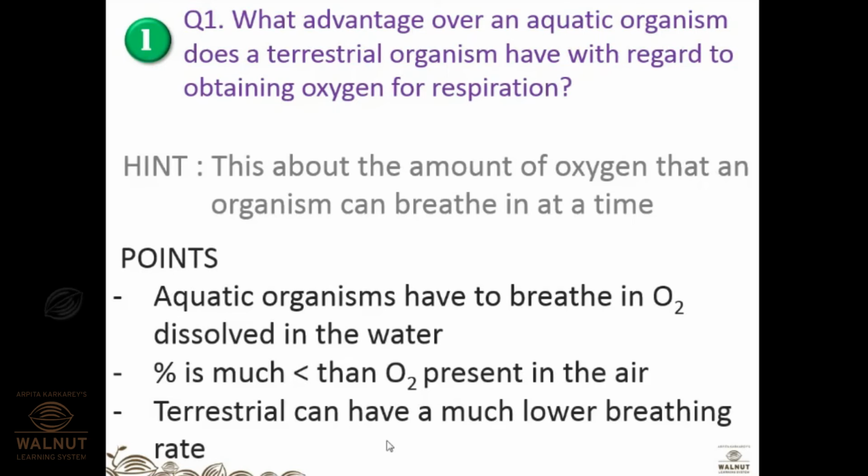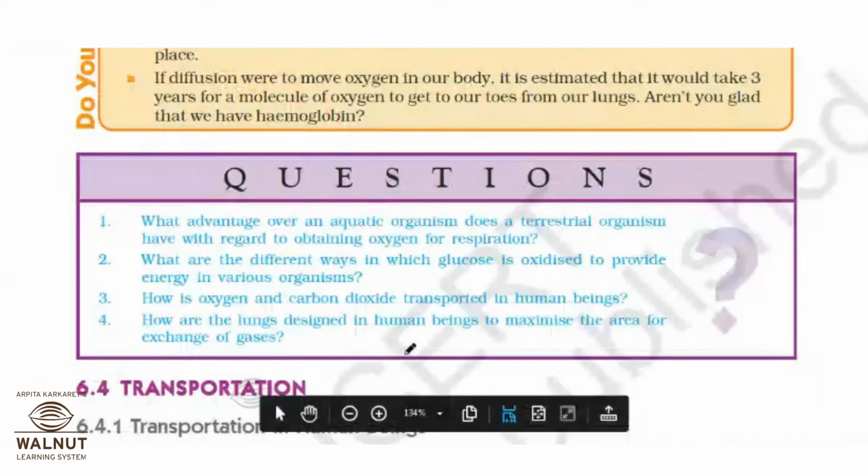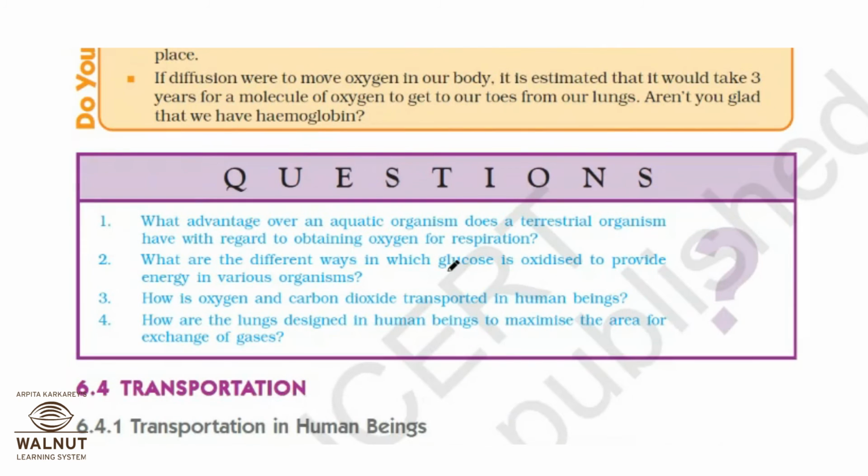Next question: what are the different ways in which glucose is oxidized to provide energy in various organisms? If oxygen is present, glucose is broken down into pyruvate. Pyruvate is further broken down into which three things in the presence of oxygen?